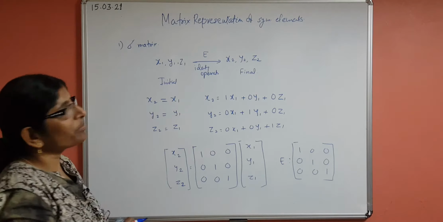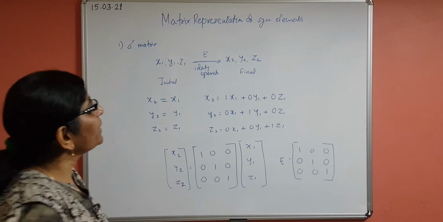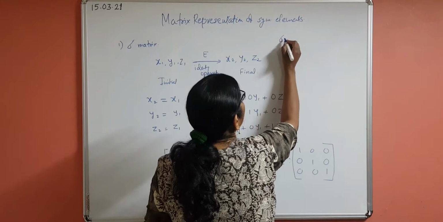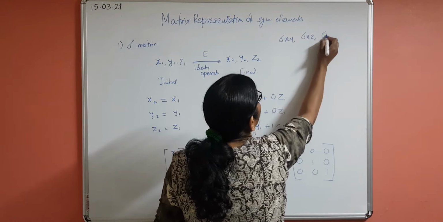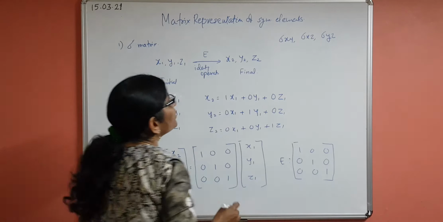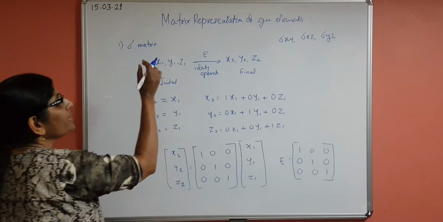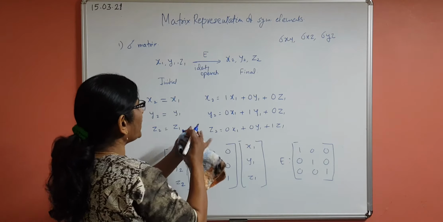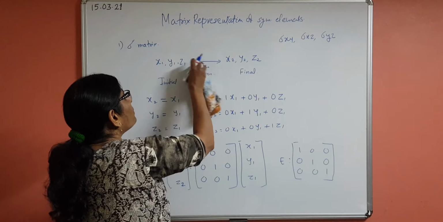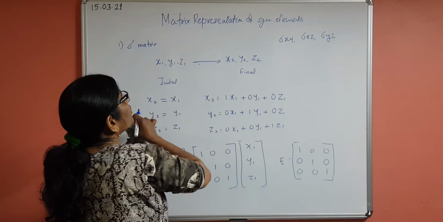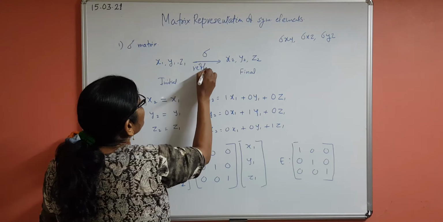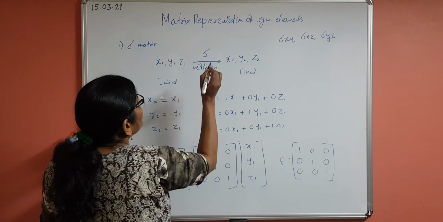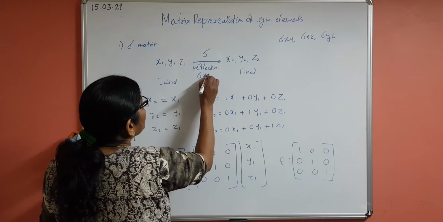The sigma matrix is for a plane. For the plane we are going to choose sigma xy, sigma xz, and sigma yz. These three planes we'll choose. Everything will be the same; just here you have to write reflection, because that is the operation sigma, reflection through the xy plane.